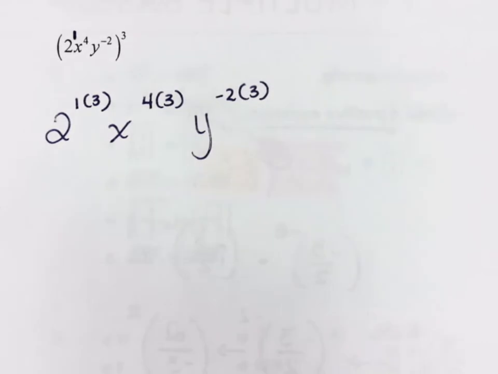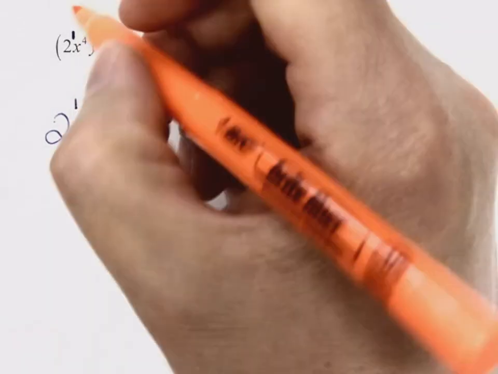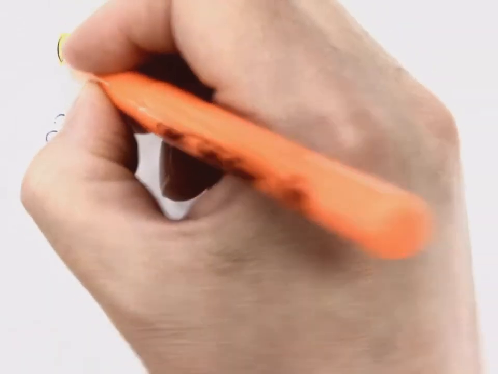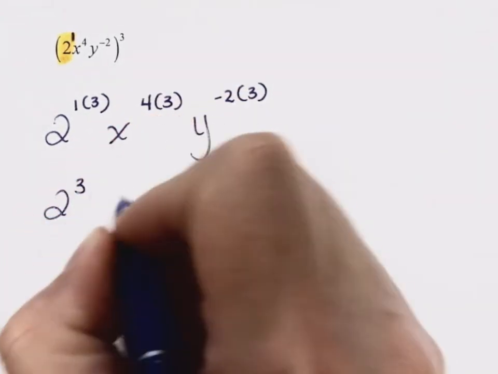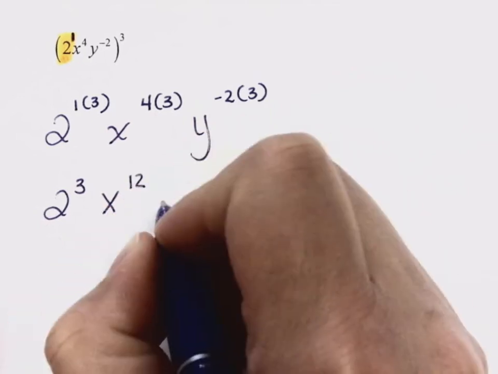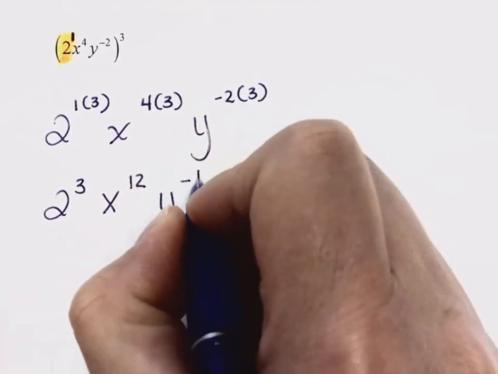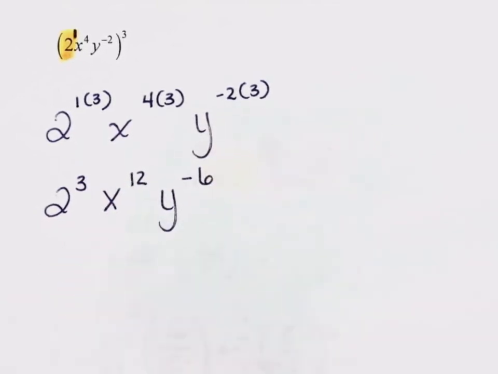Super important that you don't forget that coefficient. And you all know what the coefficient is, right? The coefficient, when I'm talking about that, is the number 2. All right, so 2 to the exponent 3, x to the exponent 12, y to the exponent negative 6.